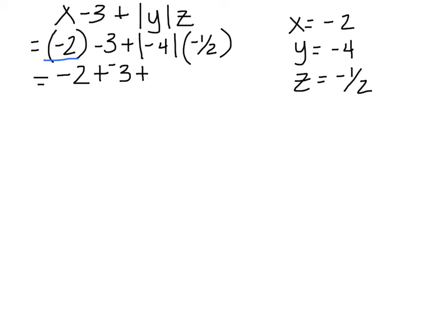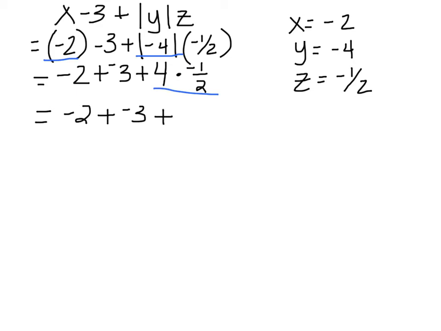My next grouping symbol is this absolute value of negative 4. The absolute value of negative 4 is 4. And it's being multiplied by that negative 1/2. And now I'm going to do my next step. GEMDAS says do multiplication and division before you do adding and subtracting. So I have to take care of this piece first. So I'm going to write everything else.